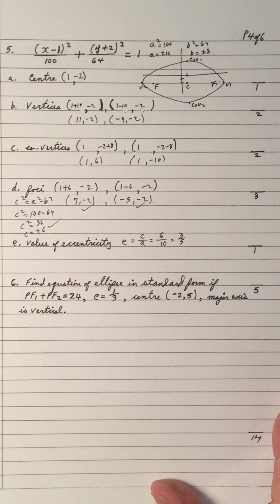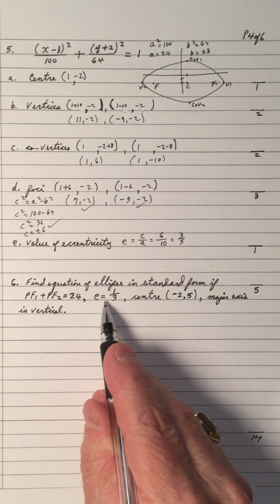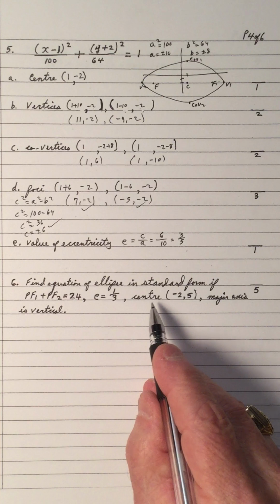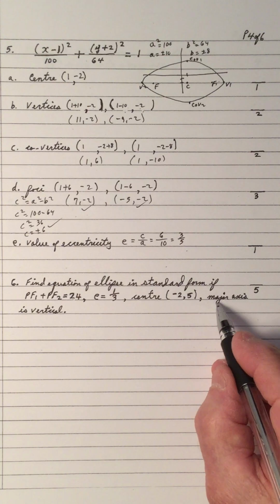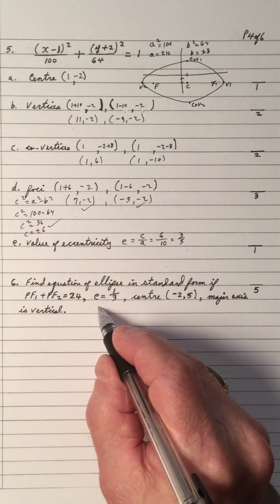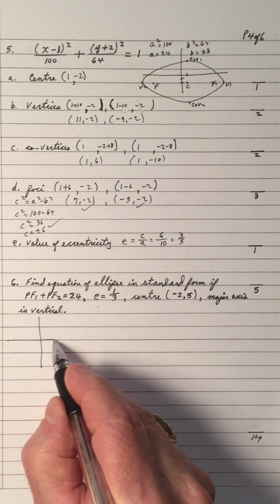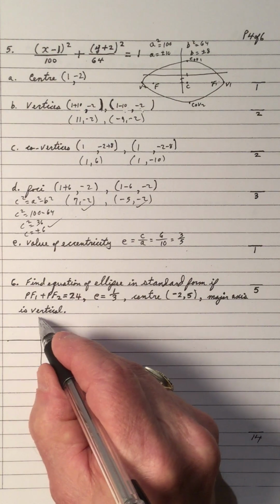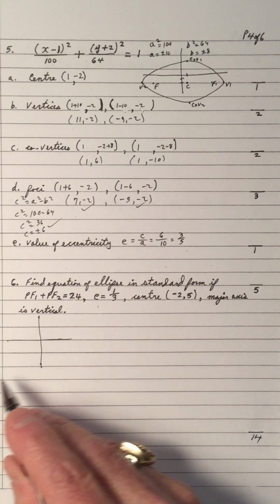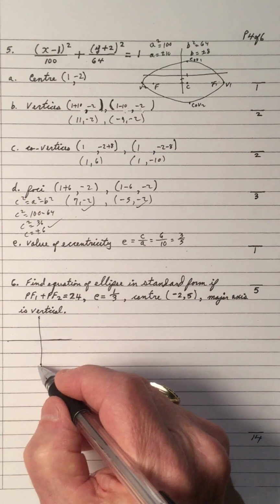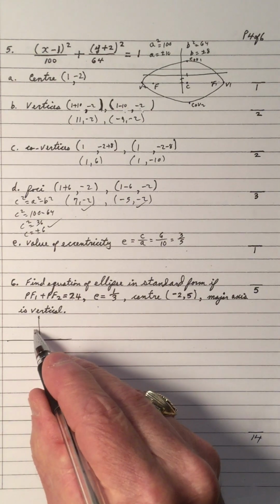Now let's do number 6. Find the equation of the ellipse in standard form, if PF1 plus PF2 is 24, the eccentricity is 1/3, the center of the ellipse is (-2, 5), and the major axis is vertical. So when they said the major axis is vertical, again, the major axis is the longer one, so that means b squared is larger than a squared, so the major axis is the vertical.